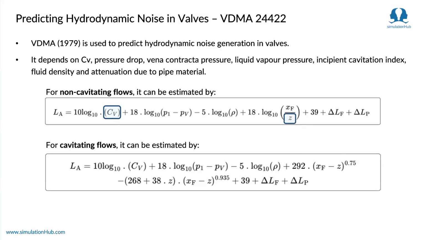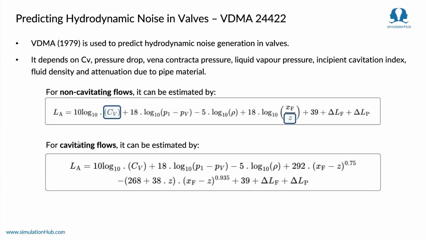So having a dependence on CV and Z in this formula could be challenging for valve manufacturers, because to predict the noise itself, you need the incipient cavitation index, and you cannot get it unless you actually measure it with the experimental setup as Praveen had discussed earlier.